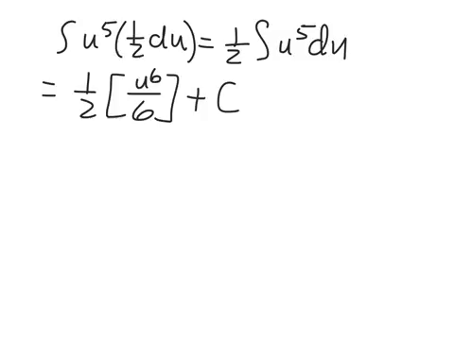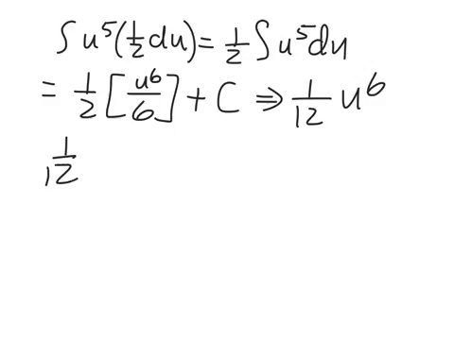So what we ultimately get for our antiderivative would be 1/12 u to the 6th. Now, what did we say u was equal to? Okay, so we'd have the 1/12 and then x squared minus 4 to the 6th, substituting back what we'd chosen for u.